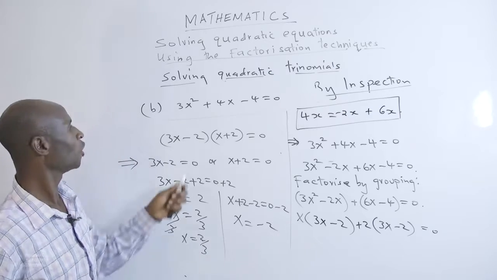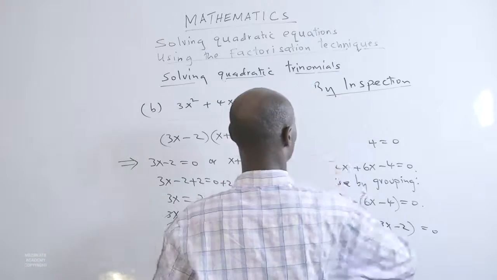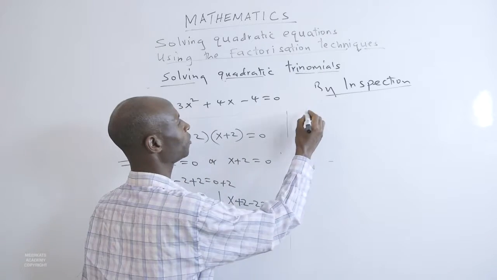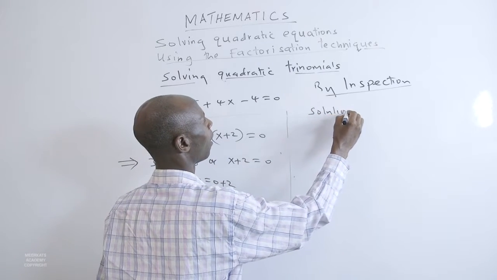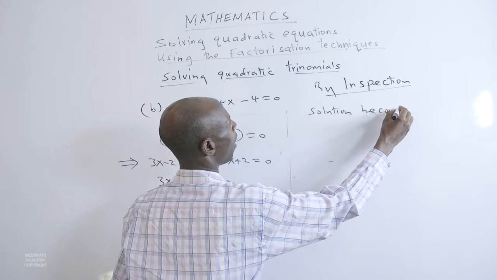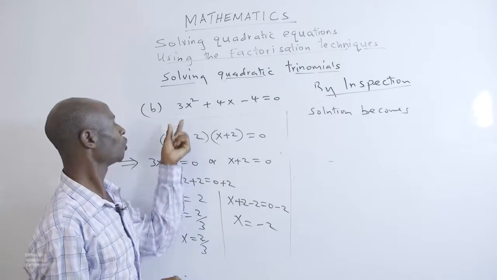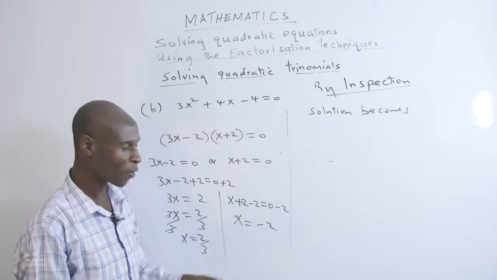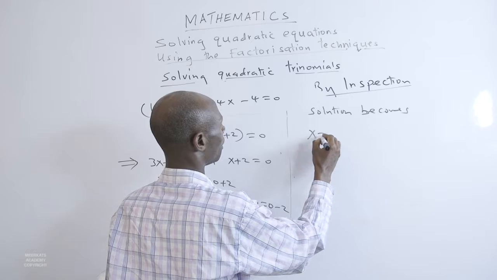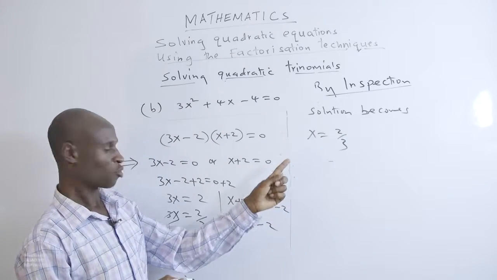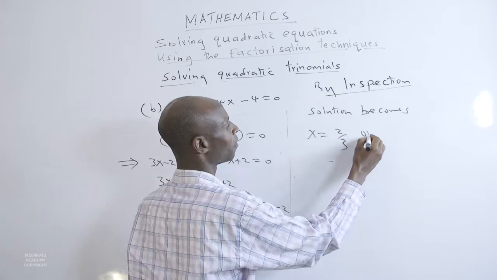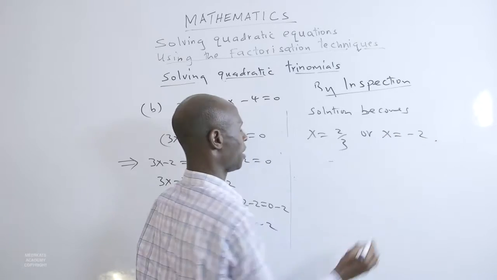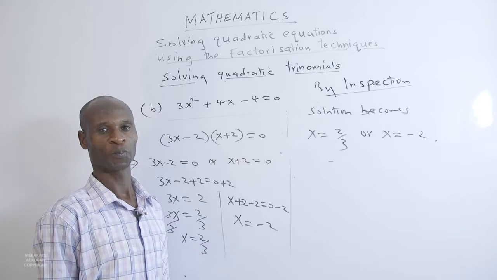And therefore, the solution to this quadratic equation 3x squared plus 4x minus 4 is equal to 0 is x is equal to 2 over 3 or x is equal to minus 2.